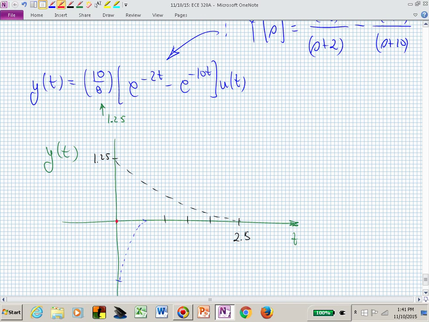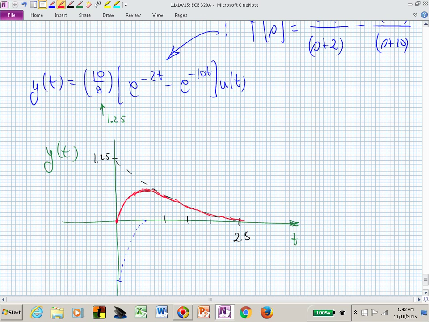Well, the e to the minus 2t is not disappearing as quickly as the e to the minus 10, but do you see that you're sort of doing this? And now you've sketched the response to that curve without needing a calculator. You've now just sketched it.